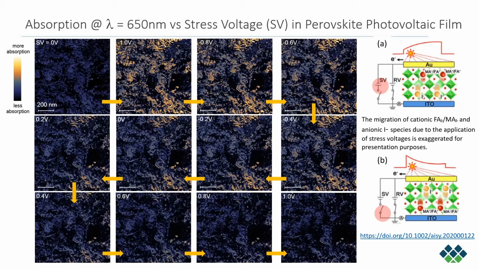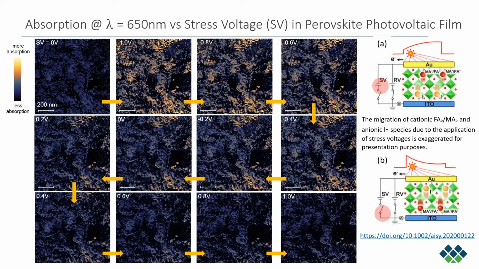Now, as you gradually increase it back to 0 voltage, you see the cations moving back away from the top electrode, and you see a decreasing amount of absorption.